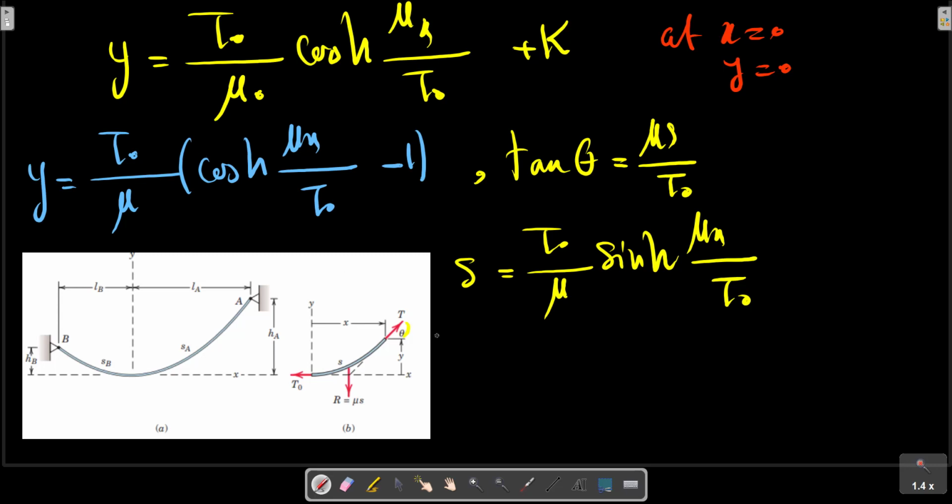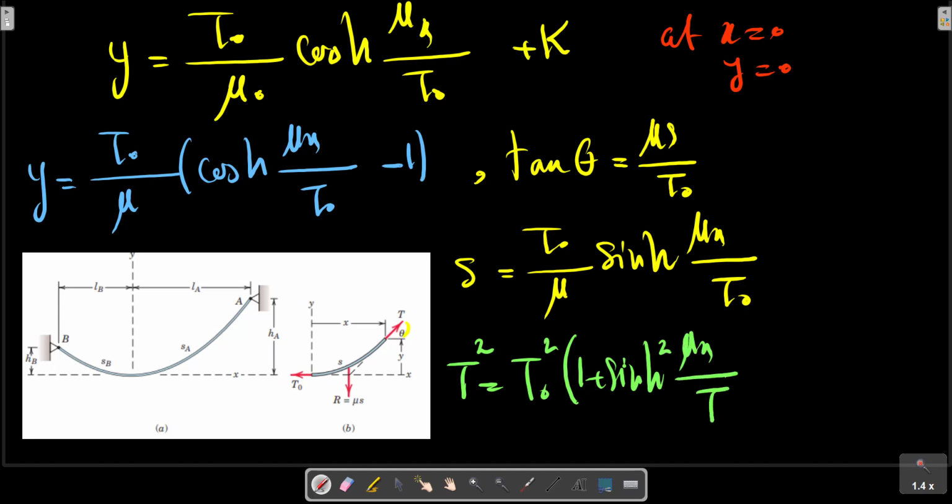So we have this relation: T squared equals T0 squared times one plus sinus hyperbolic squared of mu x on T0, which equals T0 squared cosinus hyperbolic squared. T equals T0 cosinus hyperbolic.